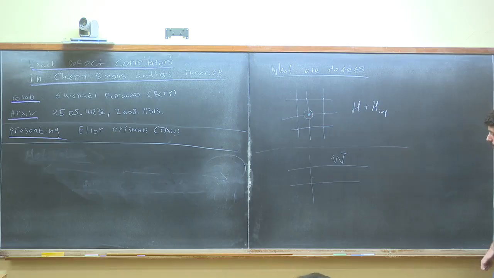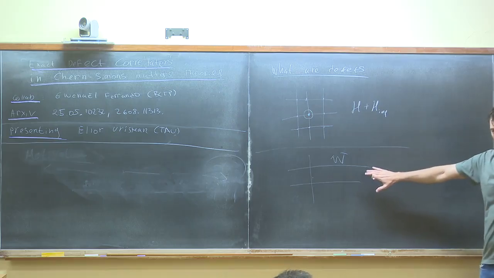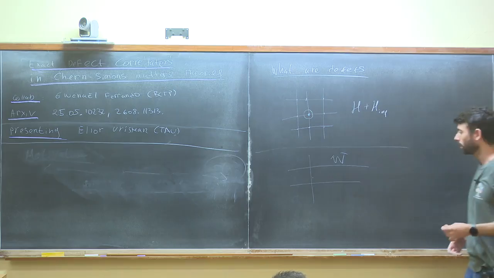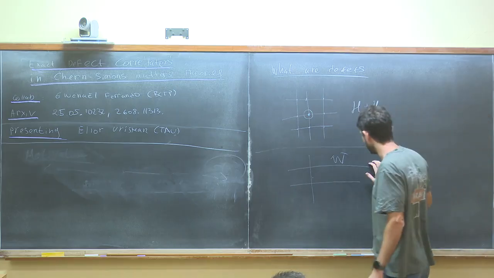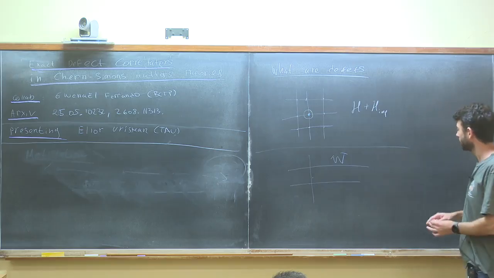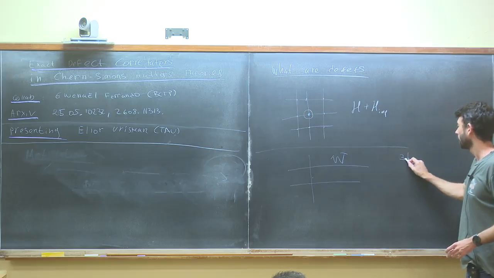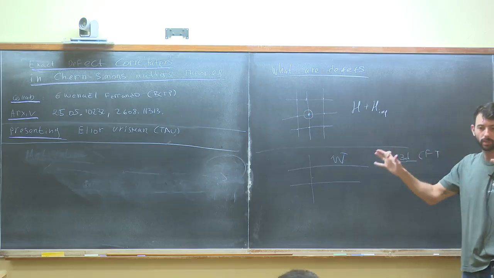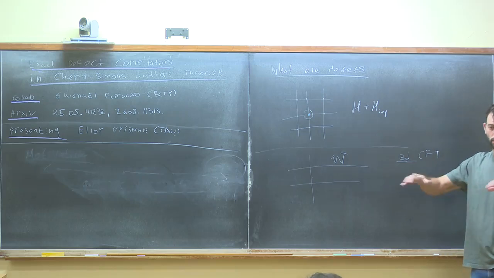We'll be concerned with this point of view, and the simplest ones are line defects, in 3D CFTs. When I say bulk, I mean whatever is not on the line.